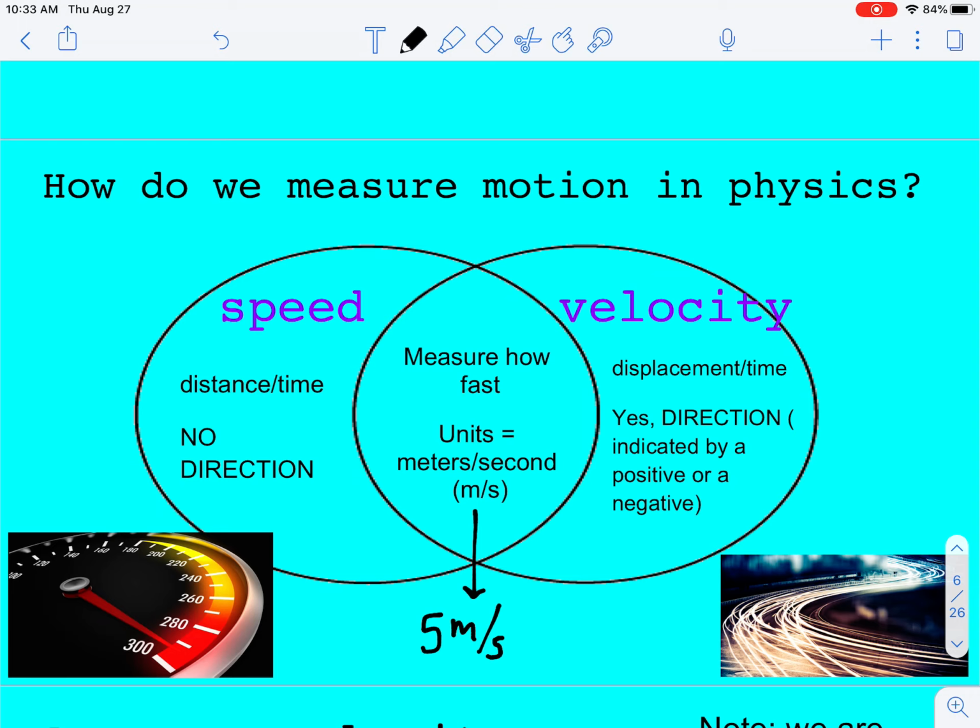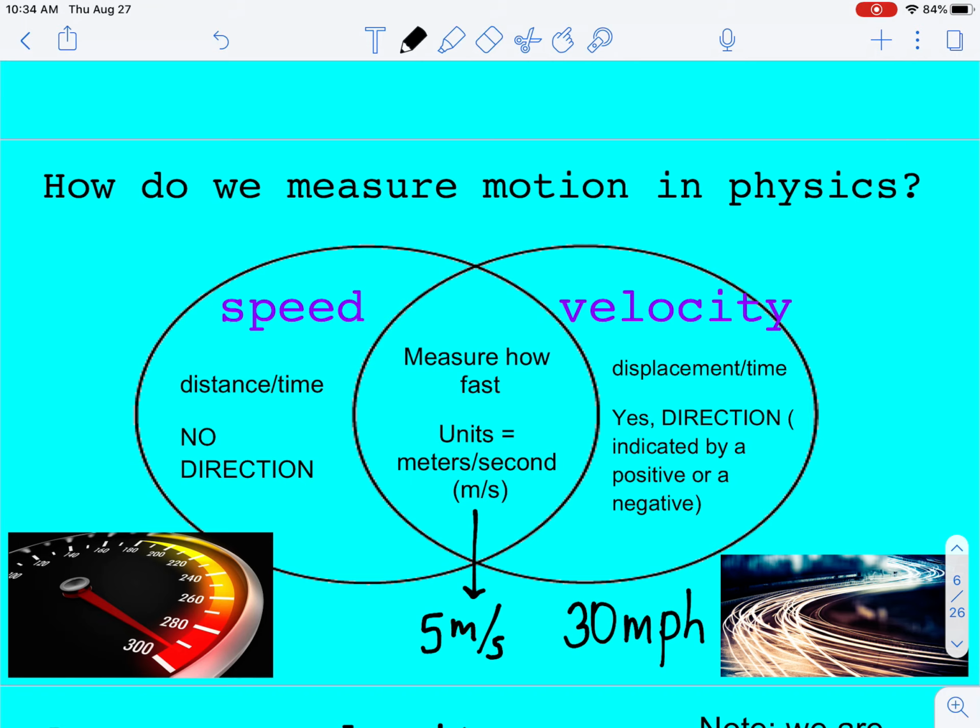While we say it out loud as meters per second, we write it as m/s. The slash means per, and M and S stand for meters and seconds. That's what they stand for in physics. You often see things in your car as 30 mph, which is 30 miles per hour.